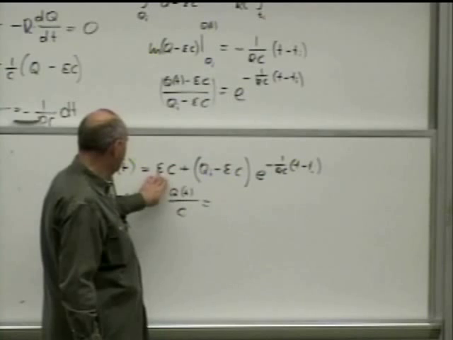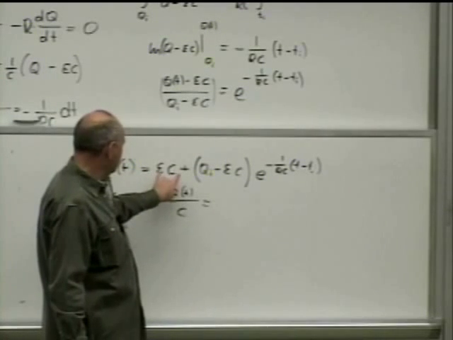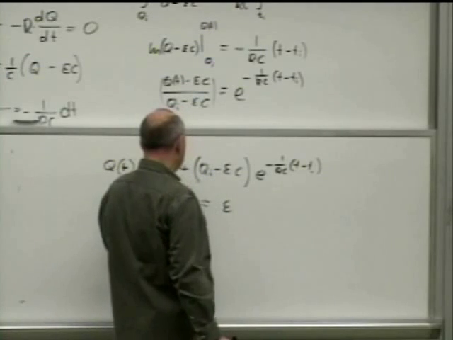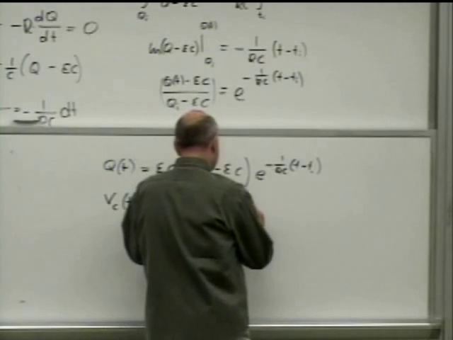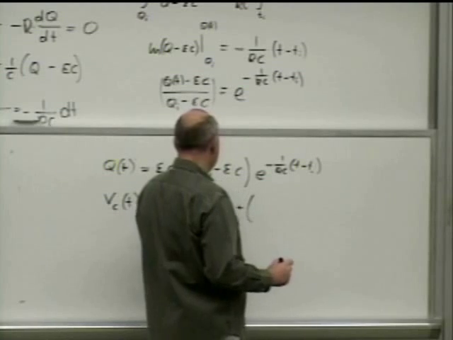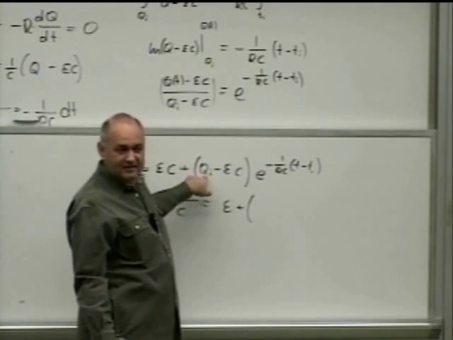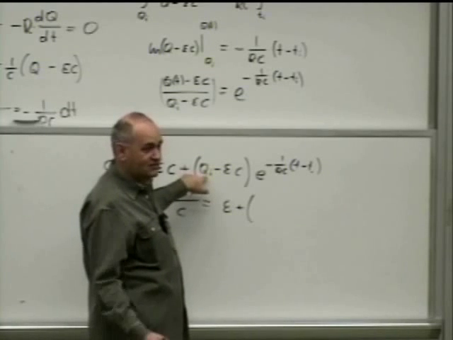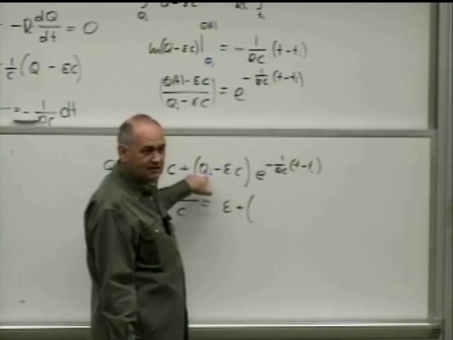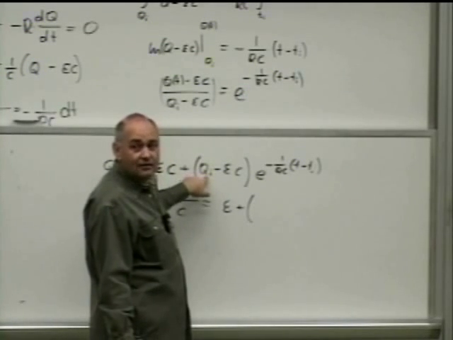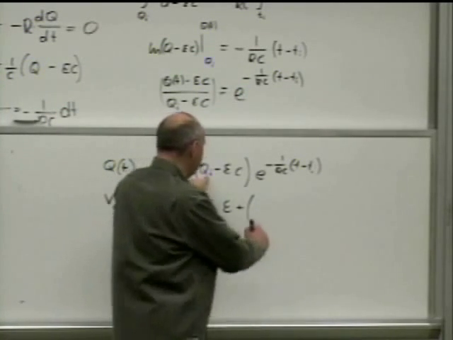So let's do it. If I do it, I will get, from this term, just electromotive force plus, over here I will have initial charge on the capacitor divided by capacitance. So really what am I going to get? Charge by capacitance. Which initial potential difference?